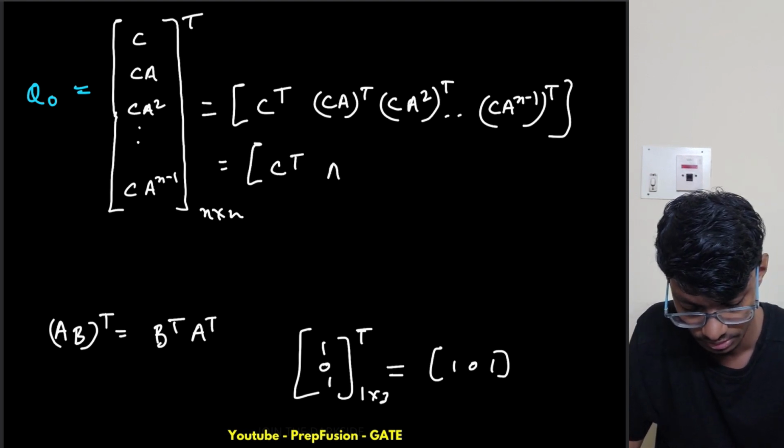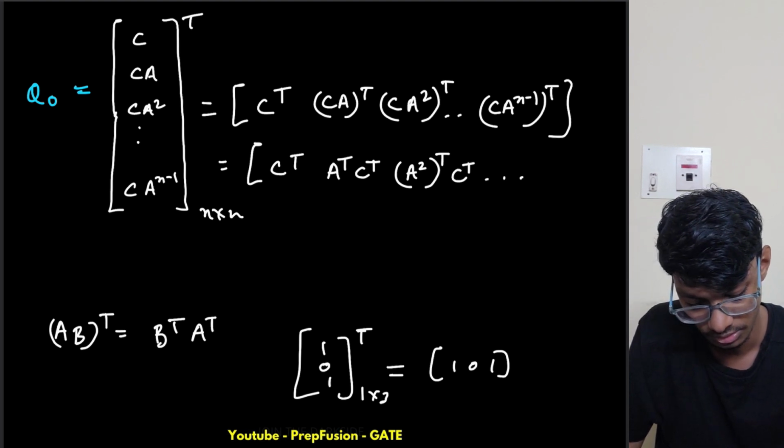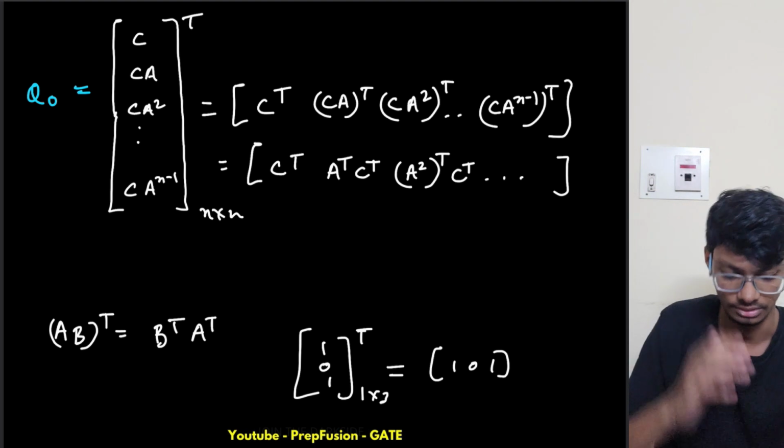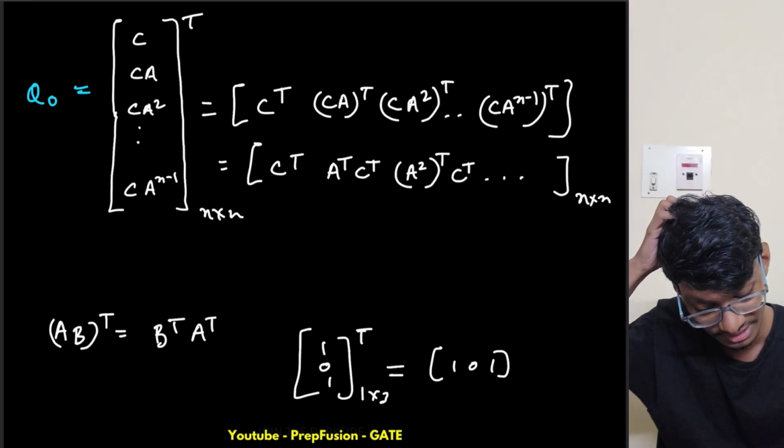This is C transpose, this is A transpose C transpose, this is A square transpose C transpose, and it keeps on going like this. And this is n cross n, don't forget. This is not a row matrix, this is n cross n.